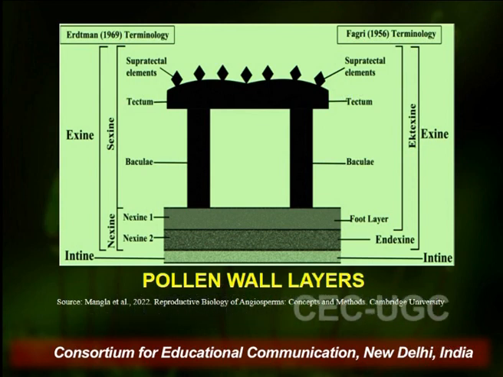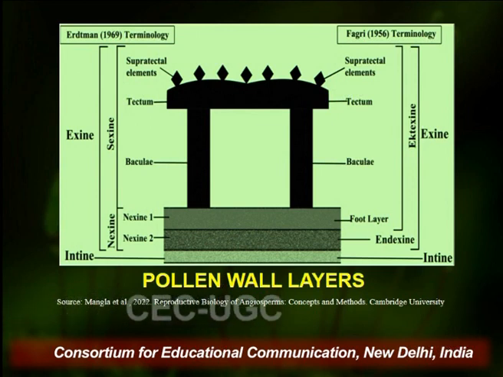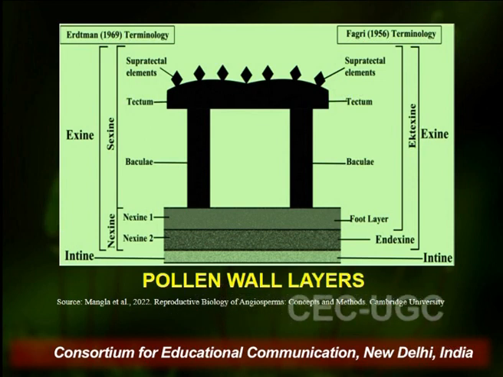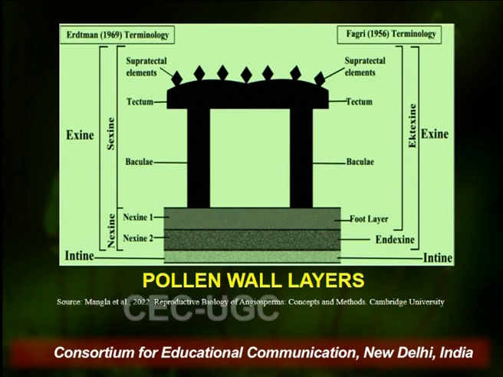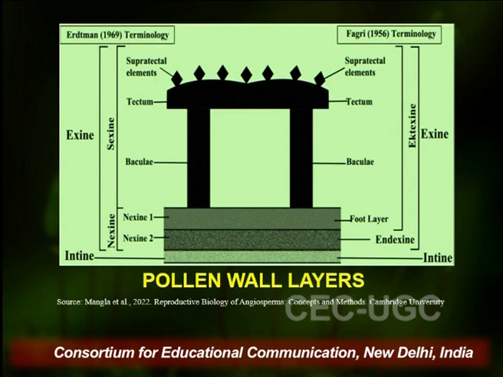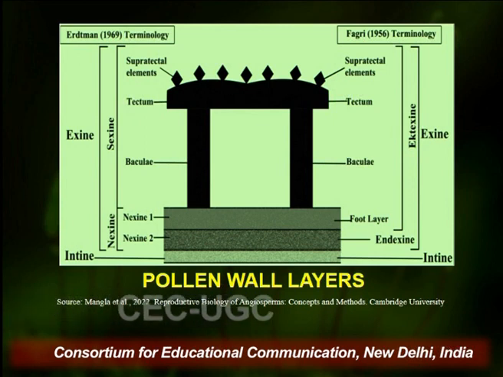Now exine is split into nexine and sexine by the terminology given by Erdtman, whereas if we follow the terminology of Faegri, then the ectexine, like I told you earlier also, is divided into foot layer, which comprises the base of the exine, and then you can see these column-like structures which comprise the baculum, and of course where they meet together forms the tectum or the roof of these columns.